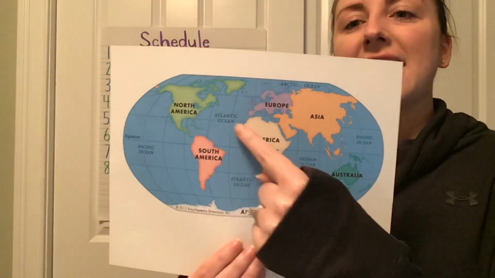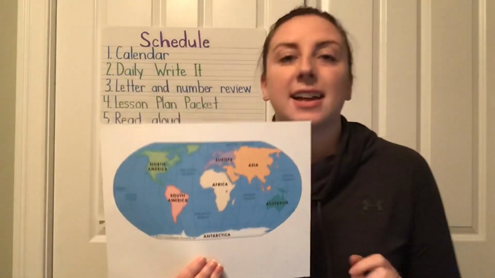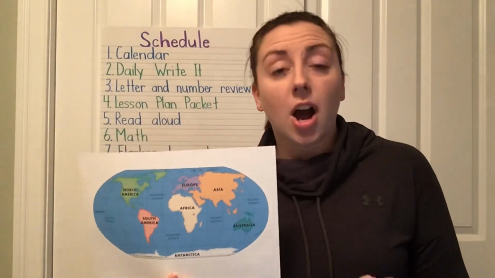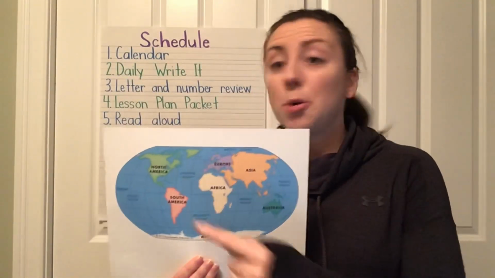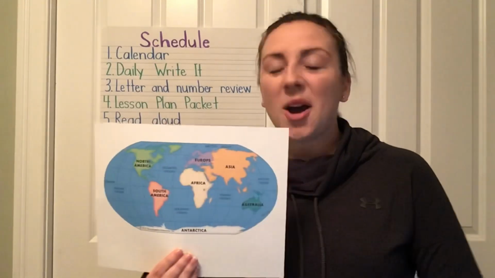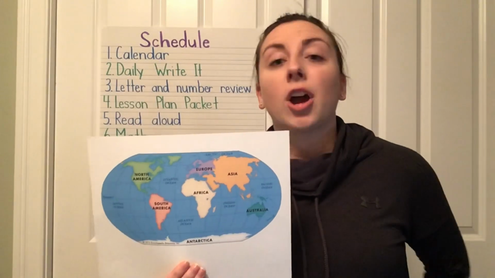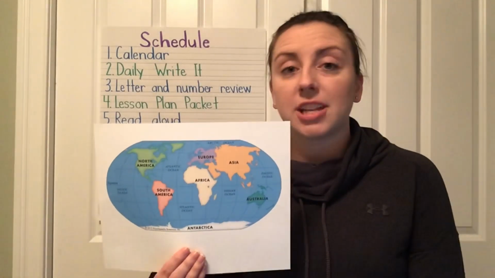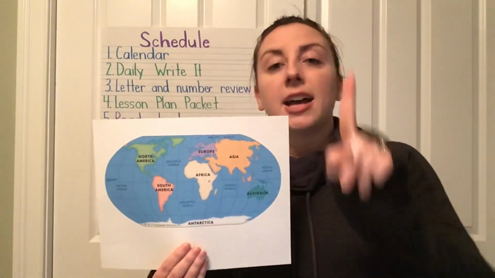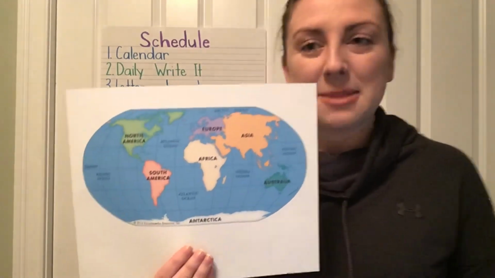We could fly over the ocean from North America into Africa. Can we take a car? Nope, not through the ocean. So our best mode of transportation from North America to Africa would definitely be an airplane.